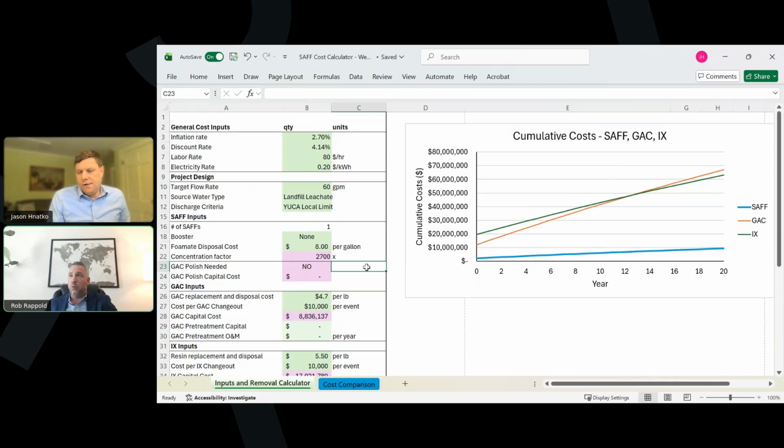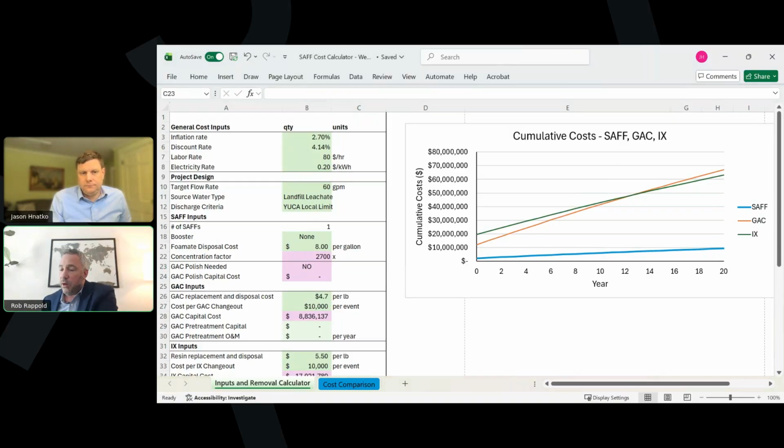We'll give some contact information, but really we'd like to be able to use this to assist you in your PFAS treatment needs. And again, we'll provide some more detail on that as we move along. So the short answer is no, we won't share it in its current form, but it's something that we can walk through with you. If you schedule a time, we'll walk through it for your water and go through the details one-on-one. Yeah, that's right.